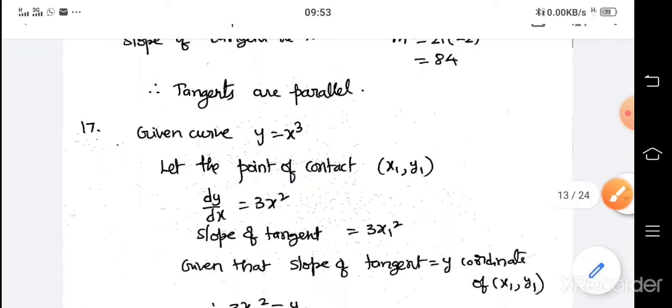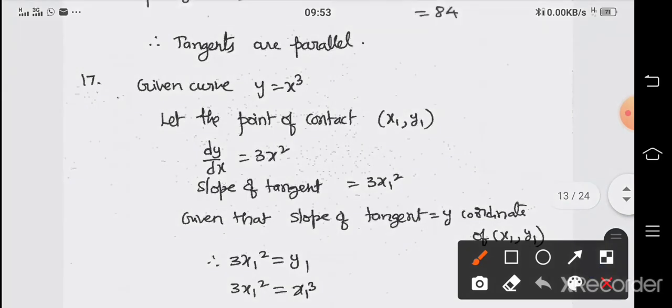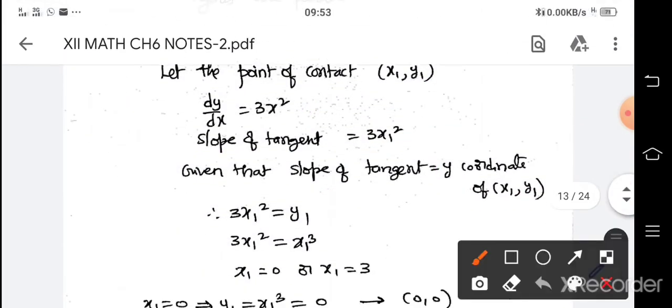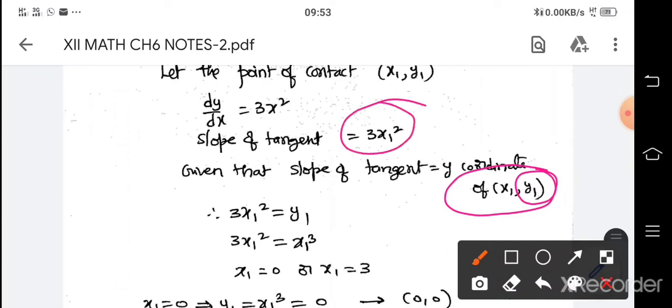The point of contact is this, so the slope of the tangent is 3x1². But given that the slope of the tangent is equal to the y coordinate of that point of contact, what is the y coordinate here? y1. So what is the slope? 3x1². So slope equals the y coordinate, so 3x1² = y1.